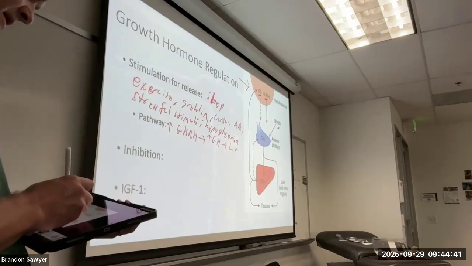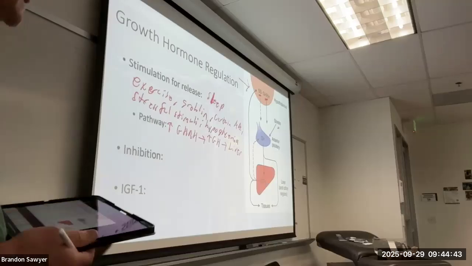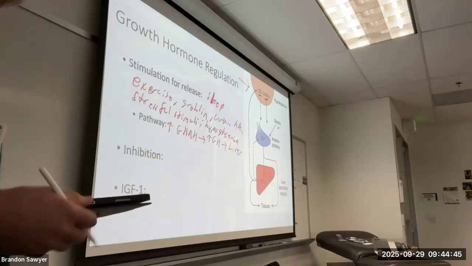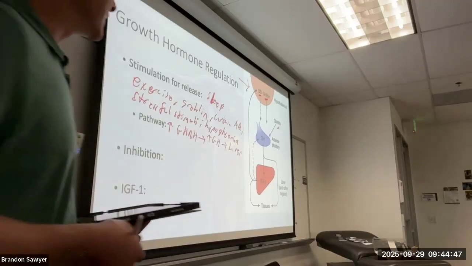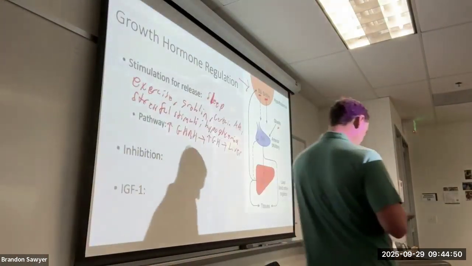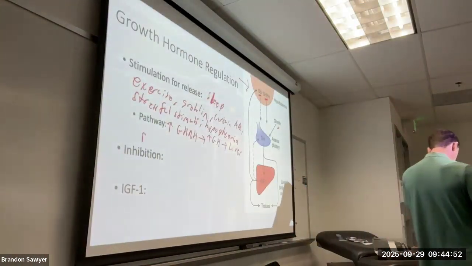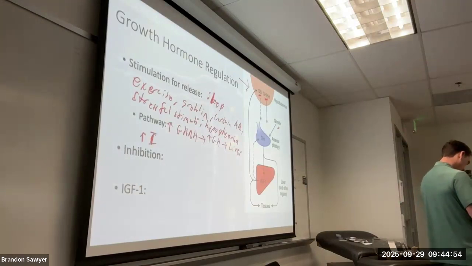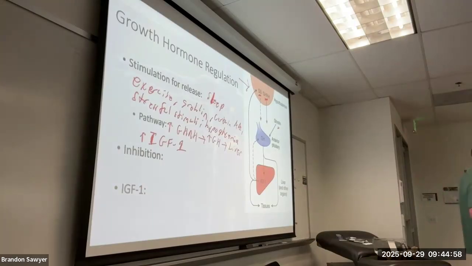That growth hormone is going to go all over the body and have some direct effects. We'll see that in a second. But it's also going to go to the liver and cause IGF-1 release, so increased IGF-1. And that's the primary thing that's actually going to cause growth.